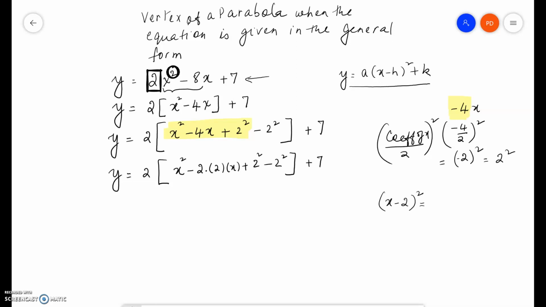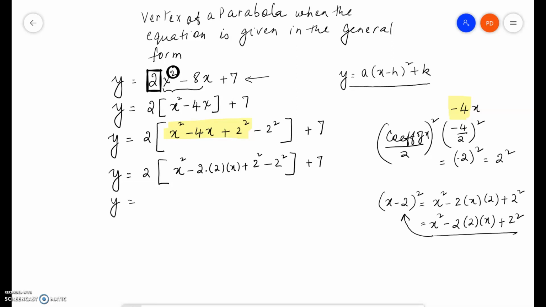Okay, so this is equal to square the first minus twice the product of the 2 terms plus square the second term. So that is the same as x squared minus 2 times 2x, I've just rearranged the terms, plus 2 squared. So these 3 together will give us the perfect square.